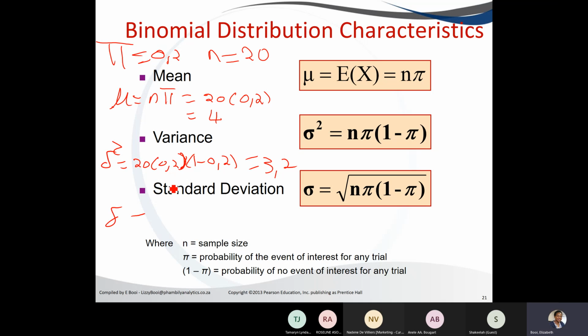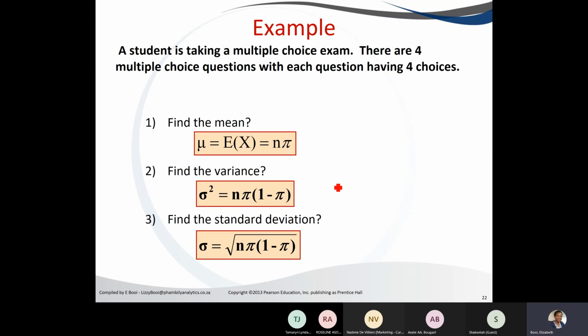Calculating the standard deviation, which is the square root of your variance, and we know that our variance is 3.2. We just take the square root of the answer, and our standard deviation is 1.79 if I leave it to 2 decimals. And that's how you calculate the binomial distribution characteristics.